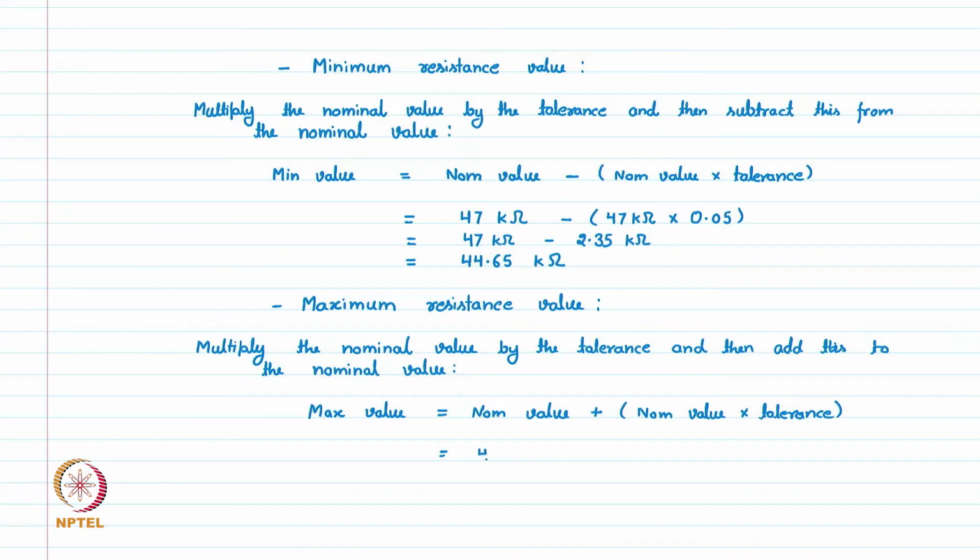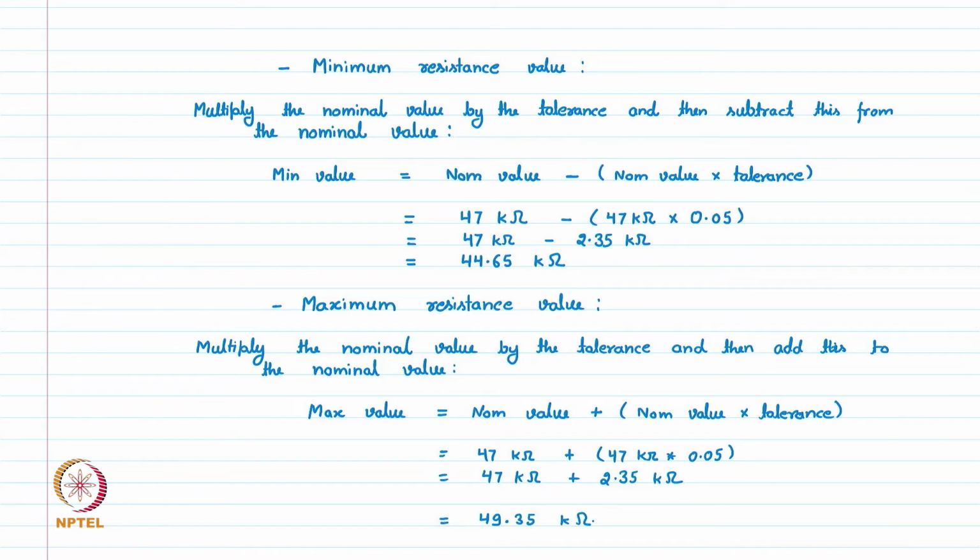So this comes out to be 47 kilo ohm plus 47 kilo ohm into tolerance, which is 0.05. So this is 47 kilo ohm plus 2.35 kilo ohm, and comes out to be 49.35 kilo ohm.